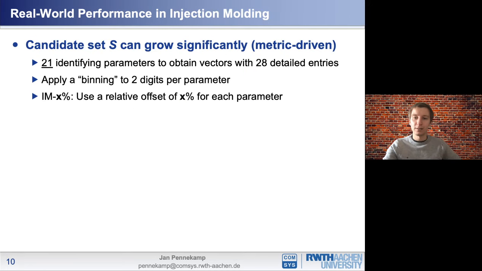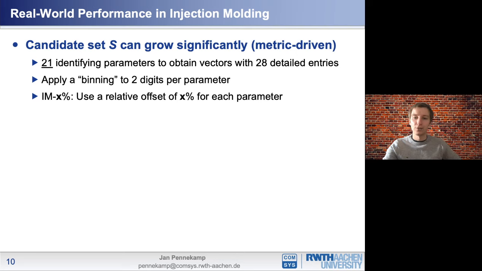Continuing with our real-world example in the domain of injection molding, we've already seen that the candidate set can be quite large, and this is driven by the used similarity metrics. So for the sake of this example here, we're going to consider two different metrics. One with a relative offset of 2% and another one with 2.5% for each parameter.